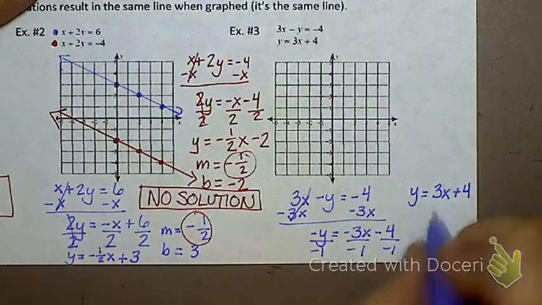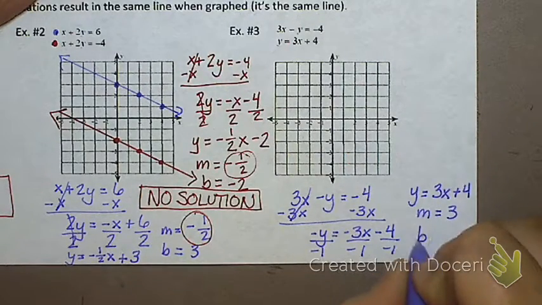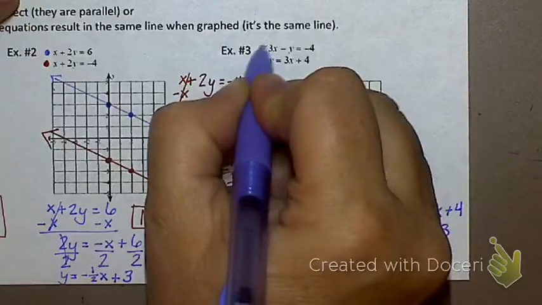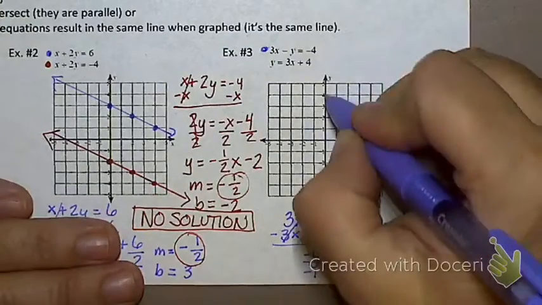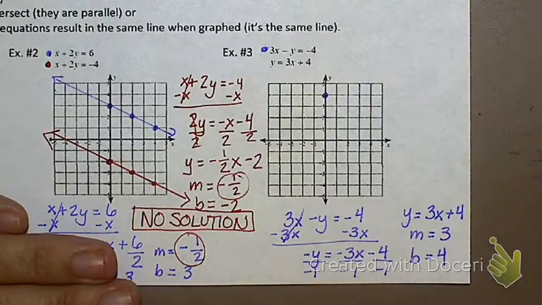So y equals 3x plus 4. My slope is 3. Y-intercept is 4. That's for my purple line. So that means I start off on my y-axis at 4. Shoot, I can't go up 3 and over 1, can I? So what do I do? Think about the point that came before.